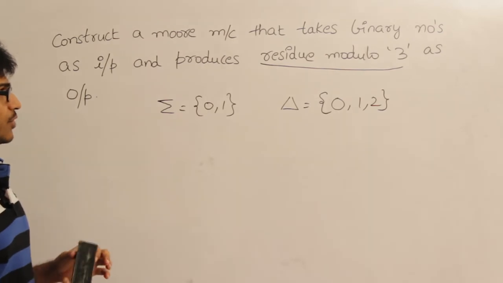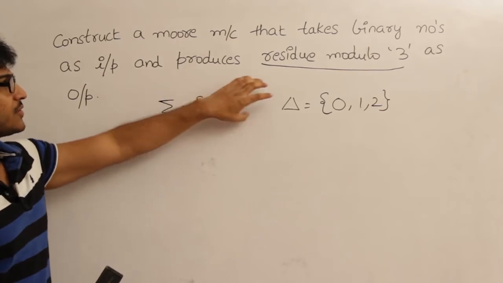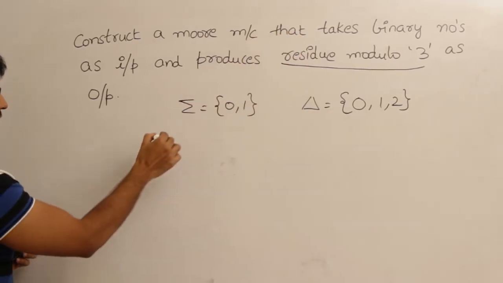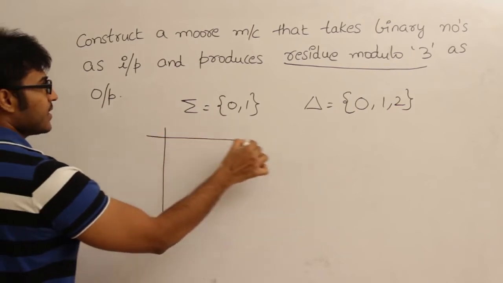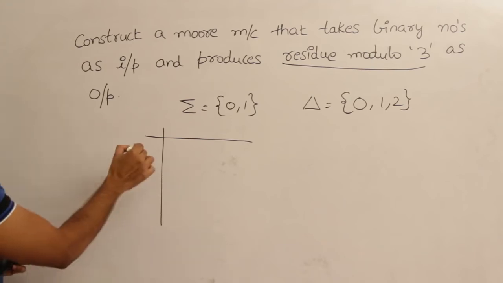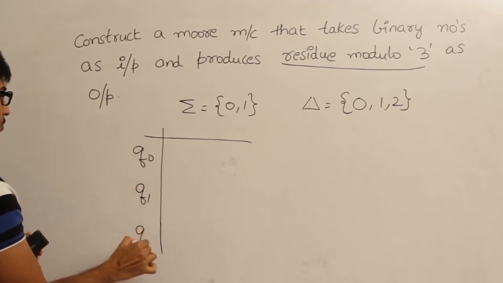We have seen this problem long back, where we constructed a DFA which accepts the set of all strings divisible by 3. We can use the same one. What is the shortcut for that? Whenever I say a number has to be divisible by 3, the number of states is 3: Q0, Q1 and Q2.